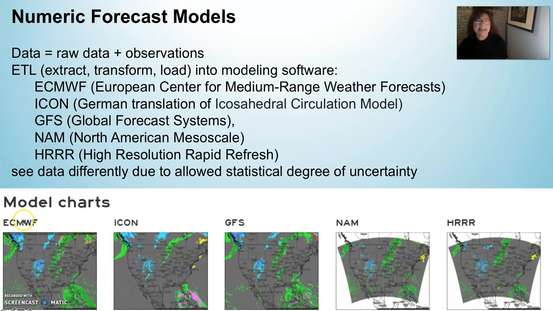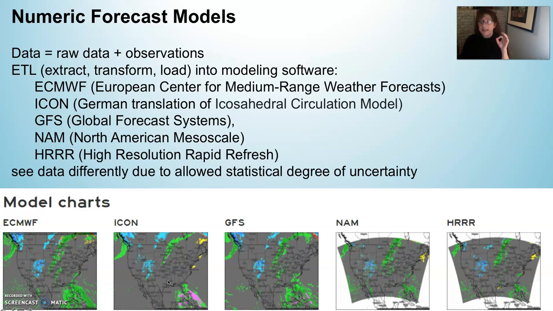This is the European Center for Medium Range Weather Forecasts. You'll see it has something very similar to the German model that's frequently used, ICON, and that is a German name that is translating. And you'll see that it's very similar to the first, but it's missing a bit of data in here that is in the first model.